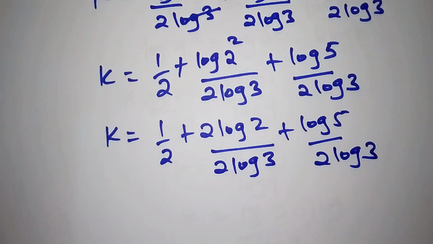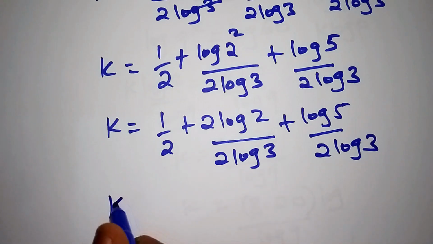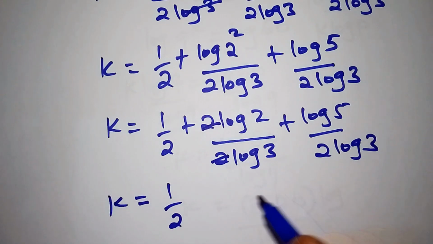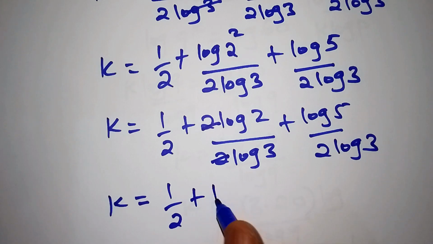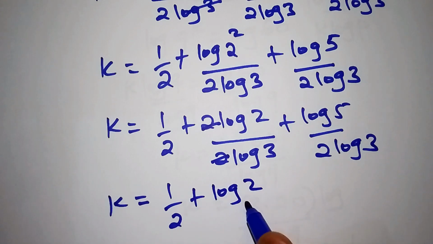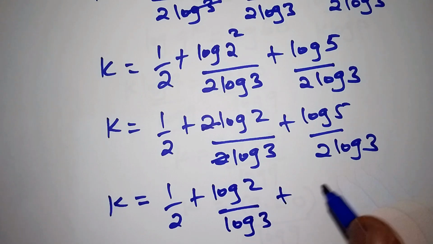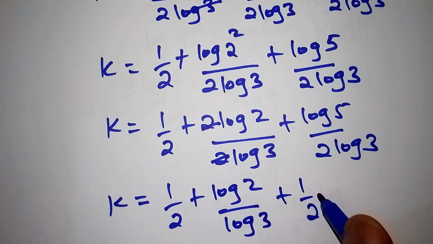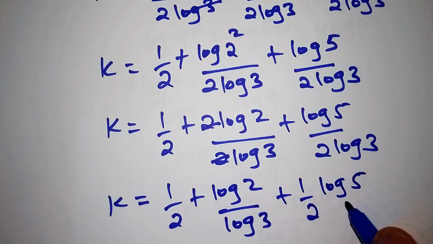Next, k is equal to 1 over 2. The 2 by 2 cancel, so now we have plus the log of 2 all over the log of 3, plus 1 over 2 the log of 5 all over the log of 3.